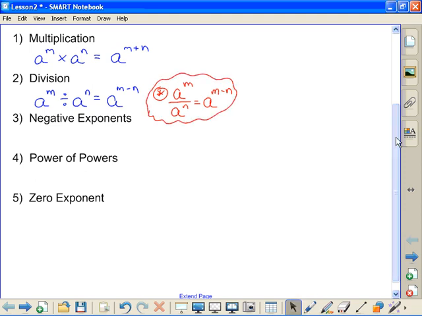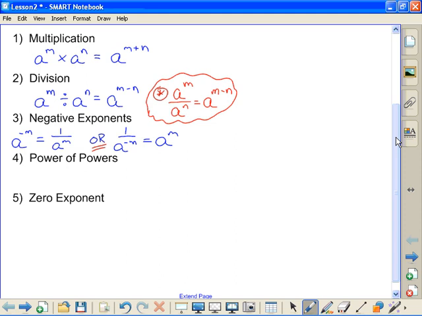Okay. Negative exponents. If I have a to the exponent negative m, I can get rid of the negative exponent by flipping the entire expression, and the exponent then becomes positive. Or if we have a denominator that involves a negative exponent, by flipping it or moving it to the numerator, that term's exponent then becomes positive.